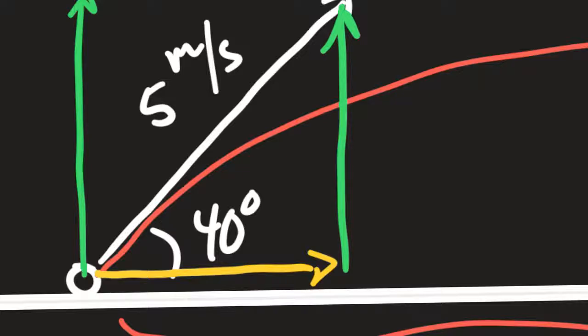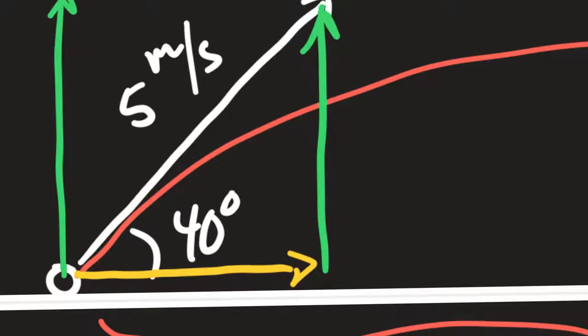The green arrow and the yellow arrow represent something called components. They are two right-angle vectors that make up a third vector. That's what components are. Two right-angle vectors that make up a third vector. Here's the right angle.